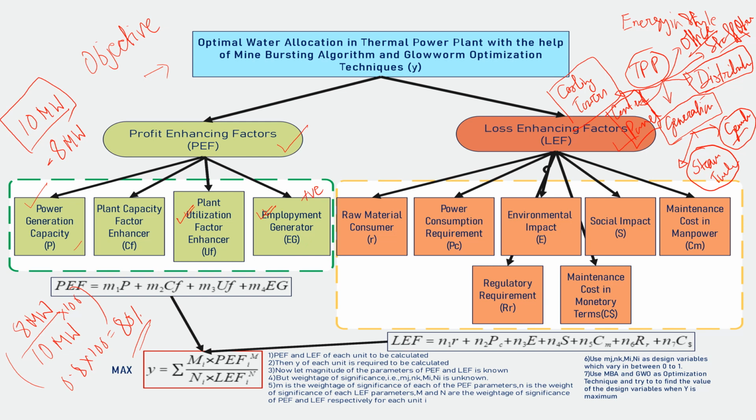With the plant utilization factor, the more the utilization, the better for the profit. The more the plant capacity factor, the better for the profit. The more the power generation capacity, the better for the profit. So all these are positives or beneficial for a power plant.